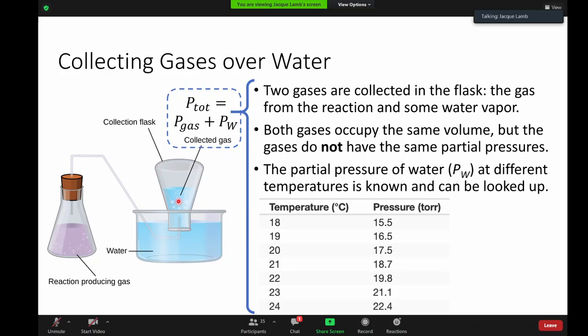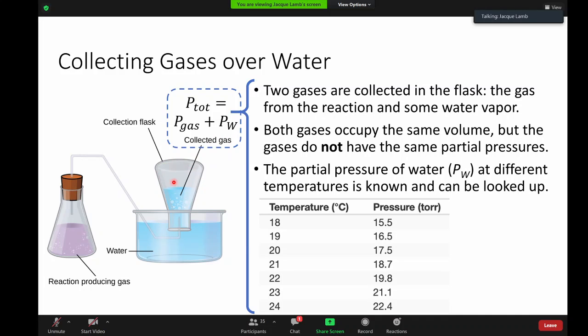Unfortunately, this gas will contain some water, and that's because while water is generally a liquid, it also exerts a partial pressure. At any given temperature, some of those molecules of water will be vaporized. So we call this the wet gas because it contains some water.